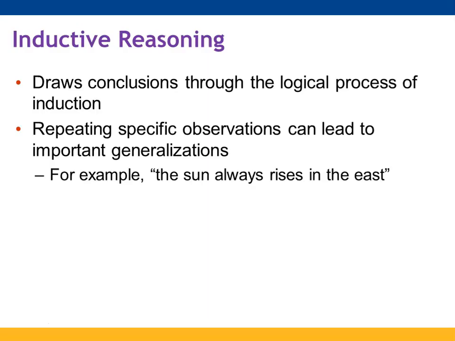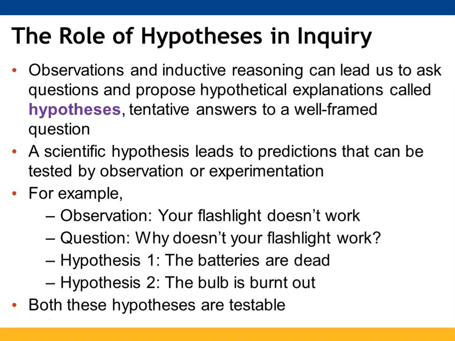Inductive reasoning is taking those observations and using them to work backwards to form conclusions. Okay, so taking observations and trying to put those together to come up with a larger idea. Hypotheses can come about from those. So hypotheses can lead to additional observation or they can lead to actual experimentation.